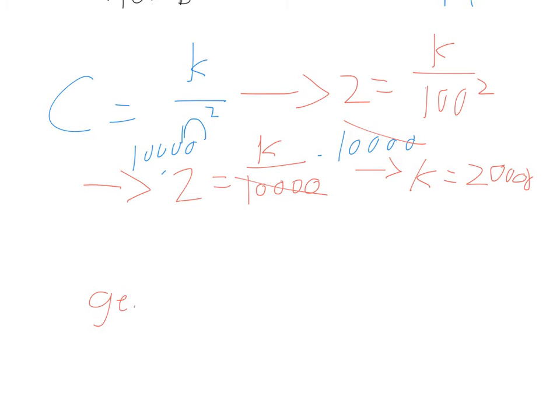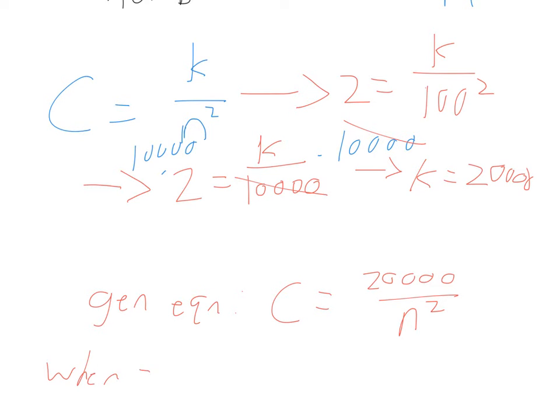So our general equation would be the cost is equal to 20,000 divided by n squared. Now I want to know the cost per item when 400 items were produced.